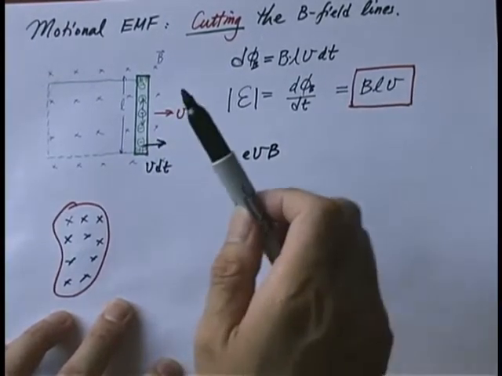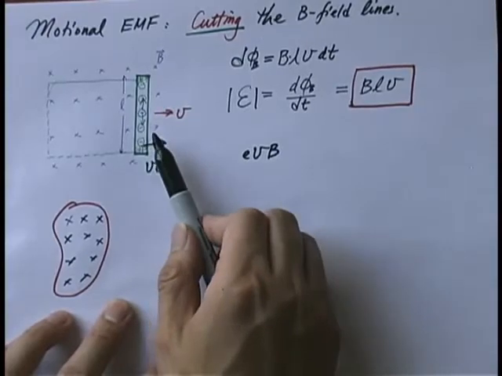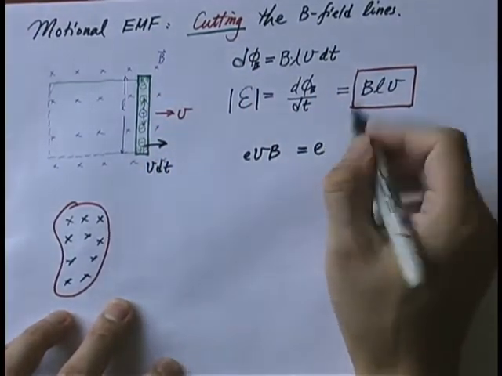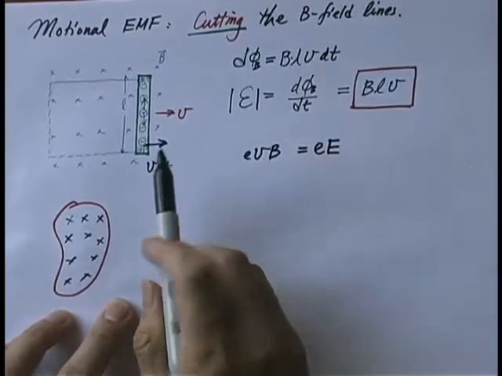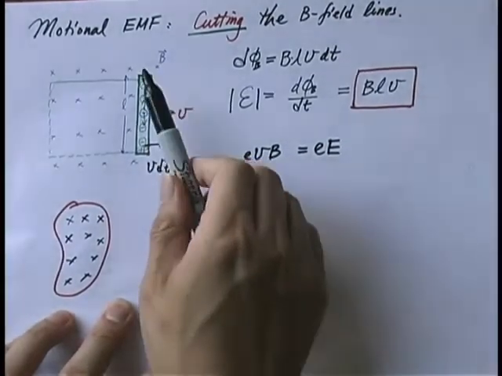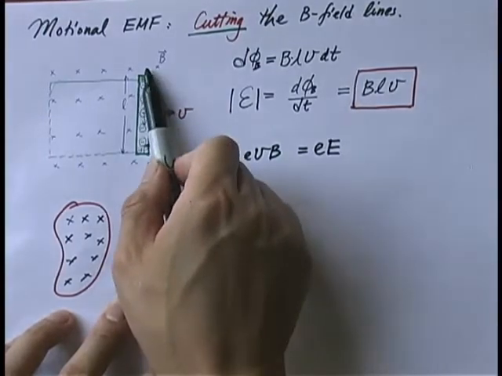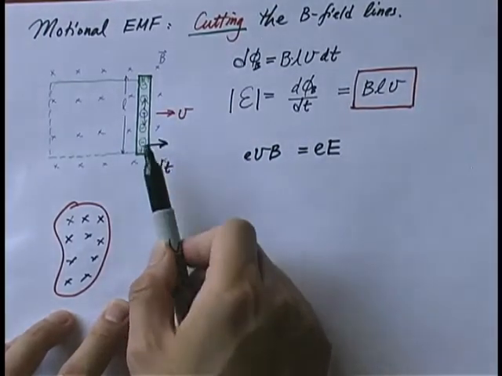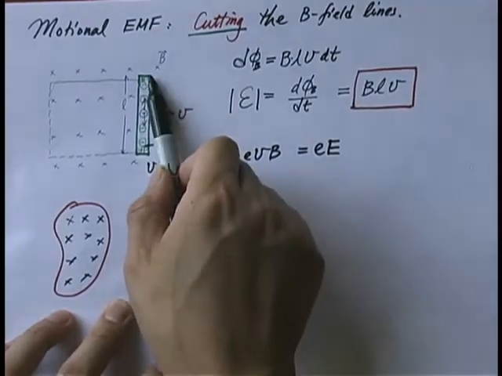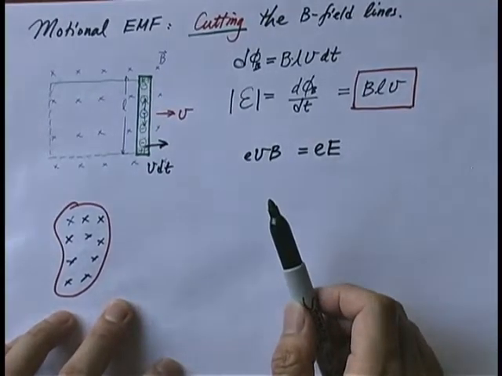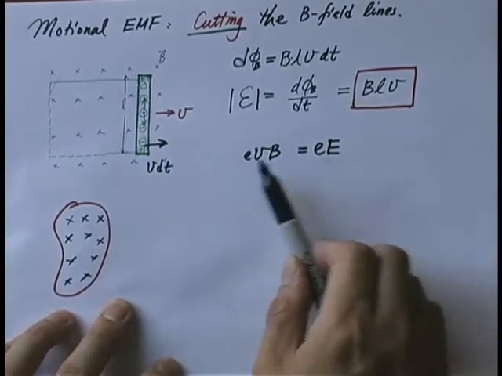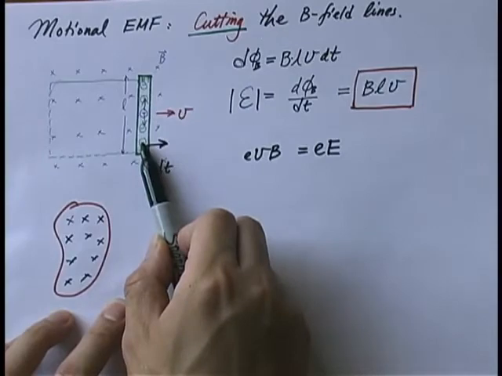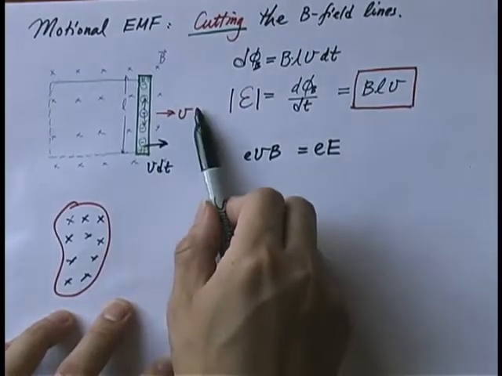But the counteracting electric force is upwards, and that will equal e times the electric field. The electric field is caused by an accumulation of negatively charged electrons and positively charged ions there. And when the forces are balanced, these electrons will no longer migrate downwards. Enough of them are already here, they will just keep on moving this way.